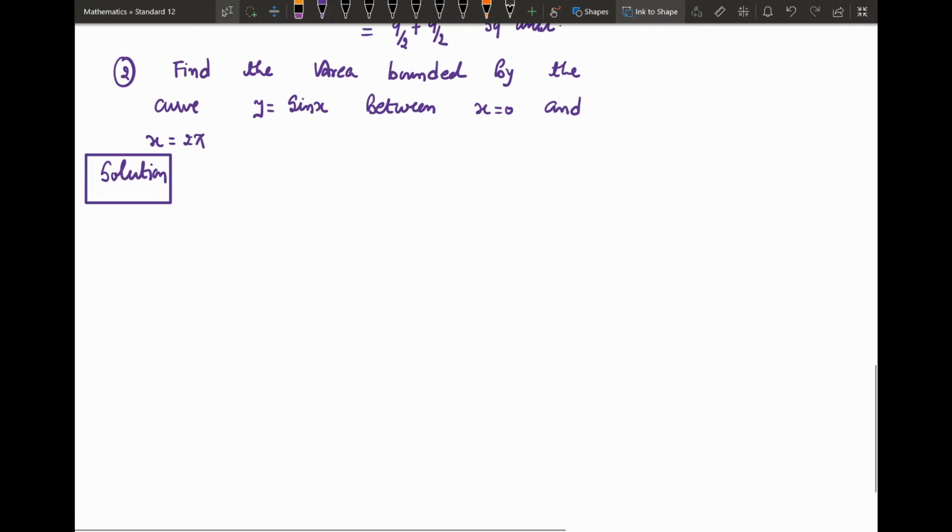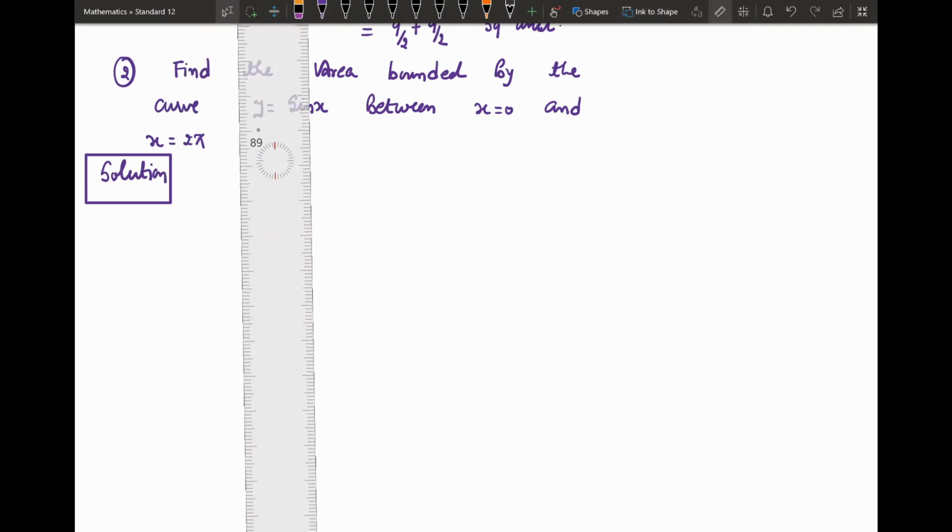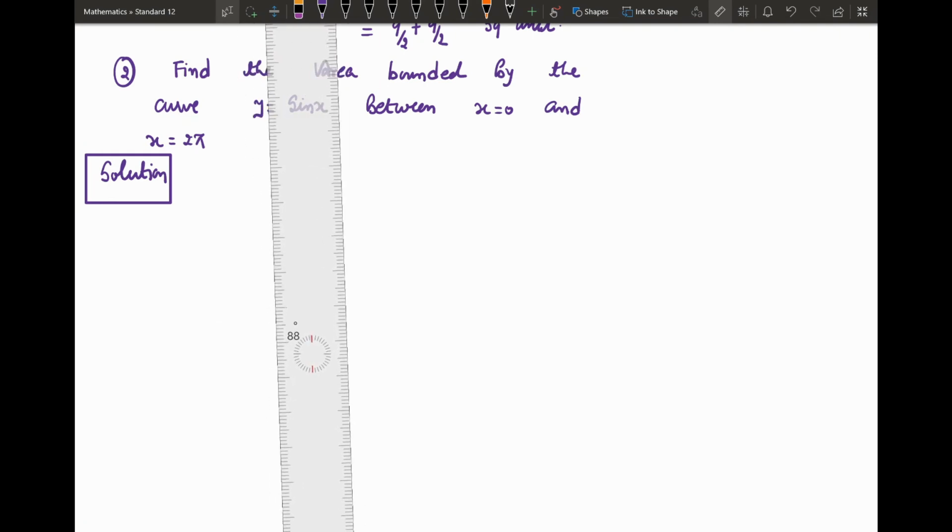Now first let us draw the graph of the function y equal to sin x.